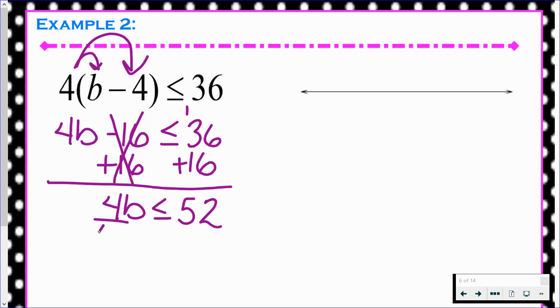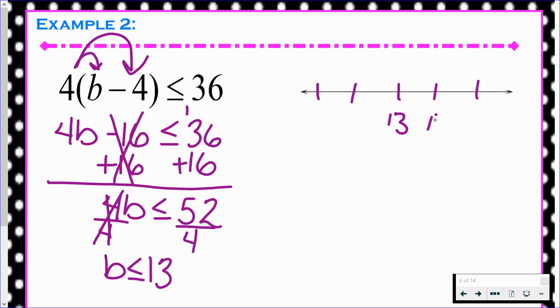Now I'm going to divide by 4, and 4 goes into 52 13 times. Again, there were no negative coefficients in front of the b, no sign changing. So I'm going to set up my number line: 13, 14, 15, and then 12 and 11.